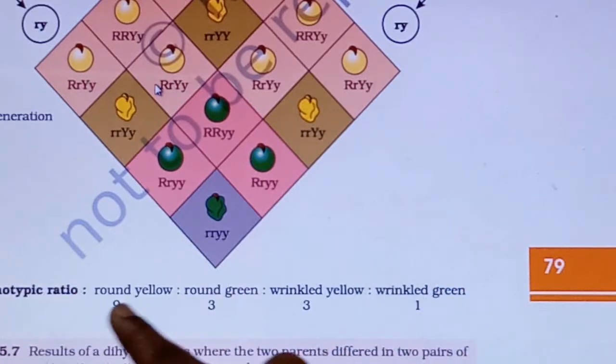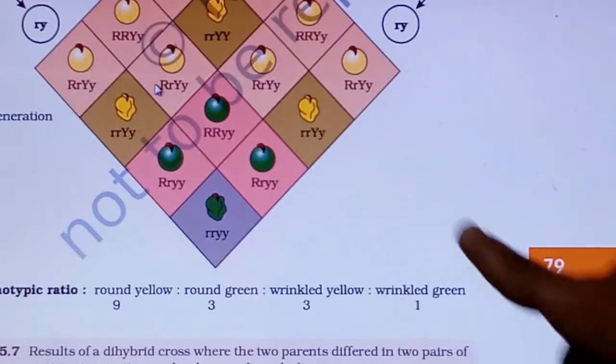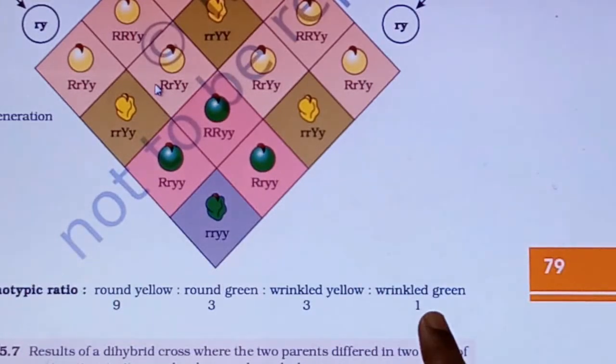See, round yellow is the parent, so this is completely the parental character. Completely recessive wrinkled green is the recessive parent, and that you will get as 1. And the middle 6, that is 3 plus 3, are hybrids.